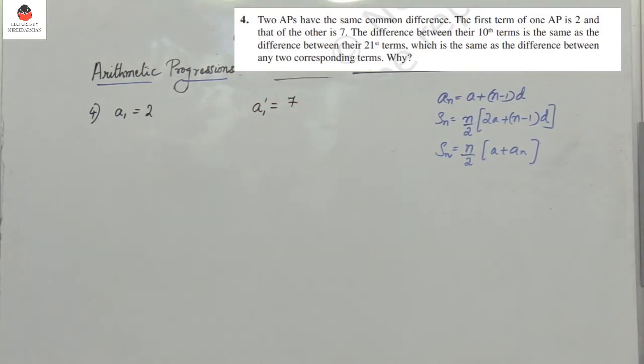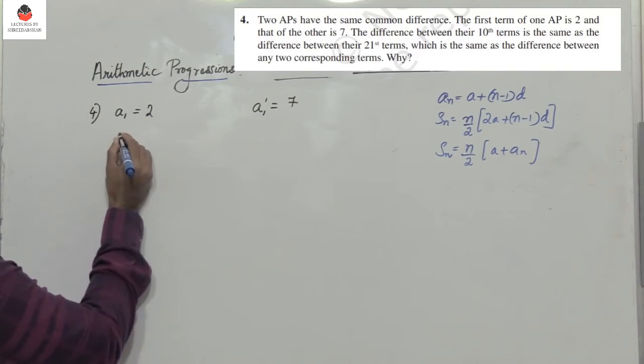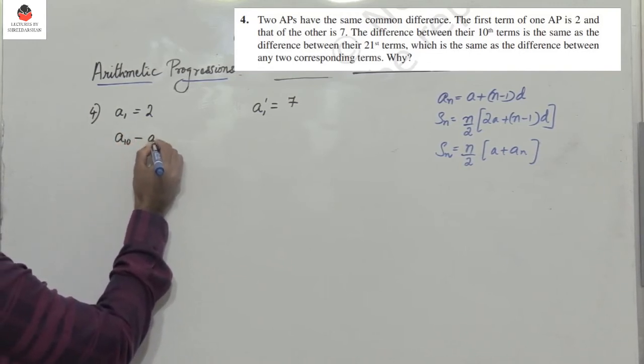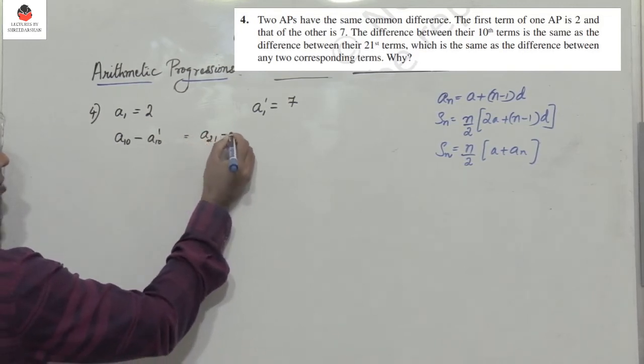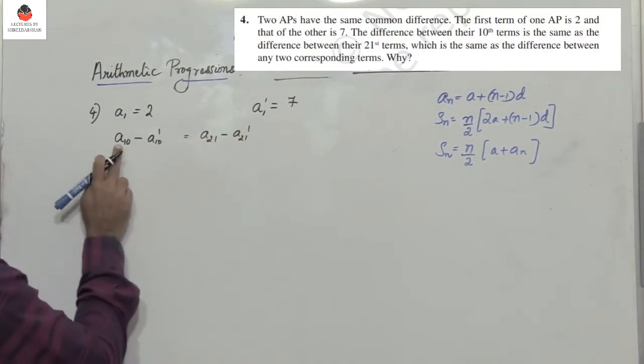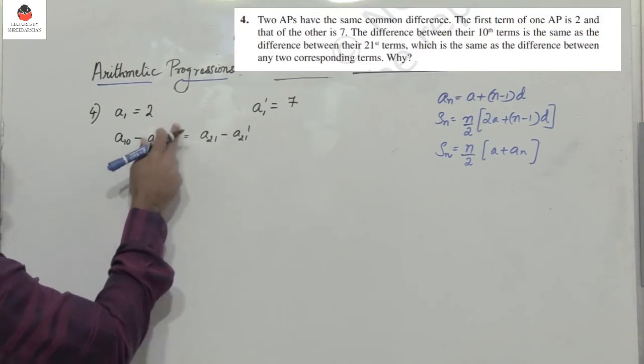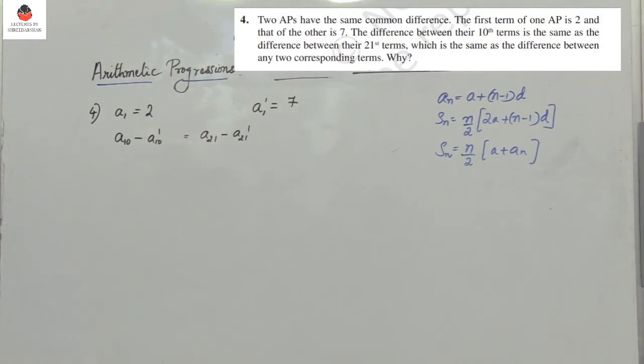The difference between their 10th term is the same as the difference between their 21st term. So A10 minus A10 dash is equal to A21 minus A21 dash. So the difference between their 10th terms is equal to the difference between their 21st terms, which is the same as the difference between any two corresponding terms.